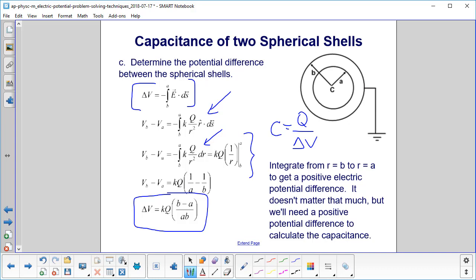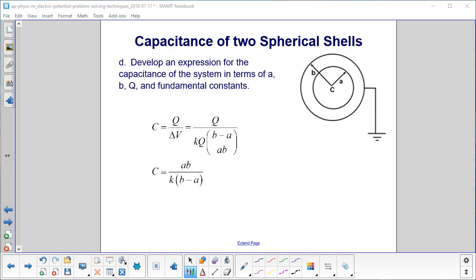Had we integrated the other way, we would have had A minus B, which would have given us a negative potential difference. But again, that's not a big deal. We're just interested in the magnitude here for calculating capacitance. Capacitance then is Q over delta V. We substitute in our value for delta V, and here's our capacitance.